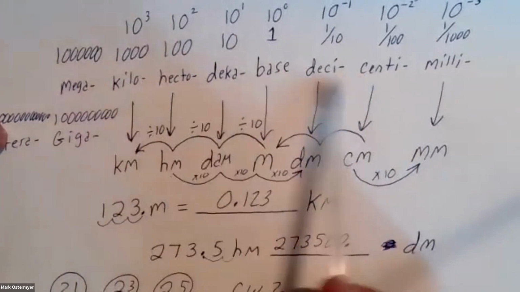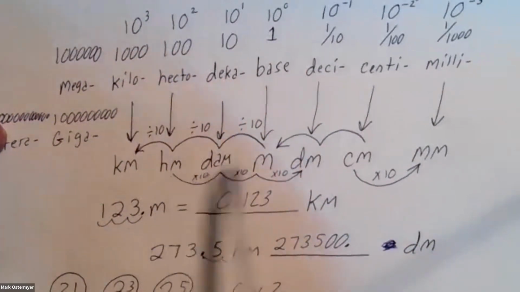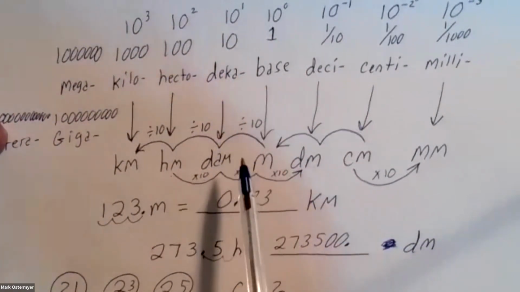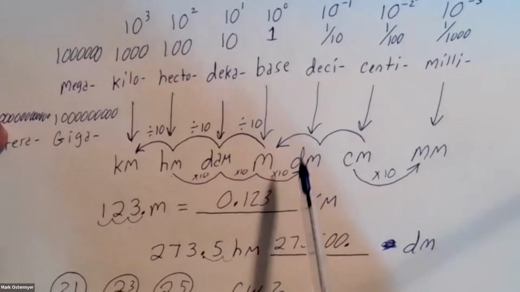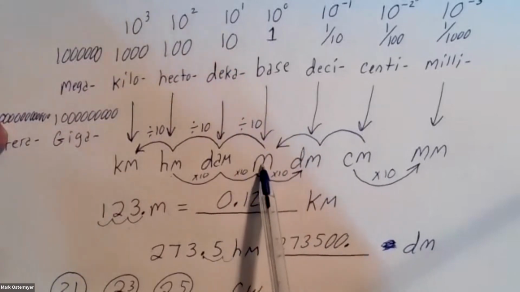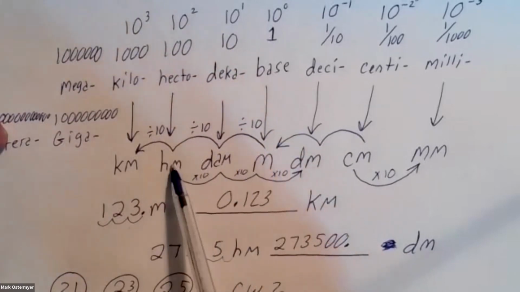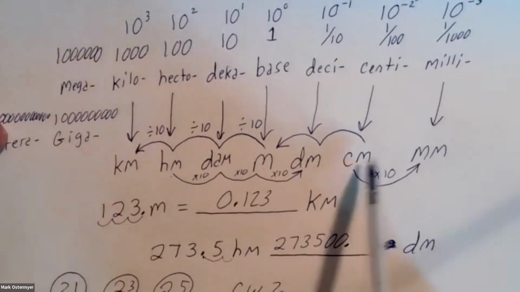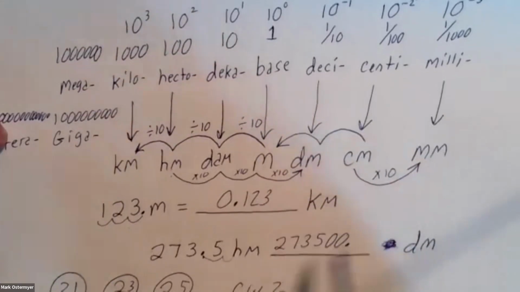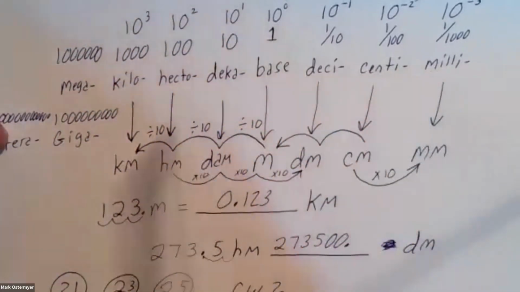These prefixes don't change, whether you're talking about length or weight or volume units. The prefixes always remain the same. If you're talking about volume, this would be liters, decaliters, hectoliters, kiloliters, deciliters, centiliters, and milliliters. So the prefixes never change.